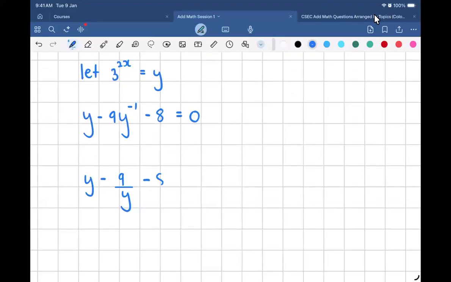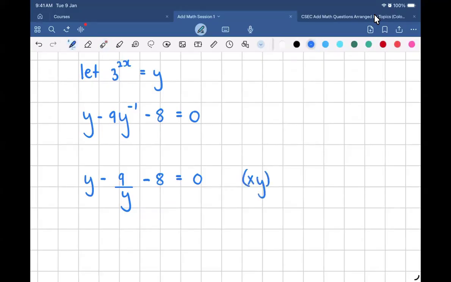So I'll write back the -8 and put it equal to 0. Now, Serena, do we like working with fractions? No. So if I have divided by y, what can I multiply by to cancel off that y? Y. That's not rocket science, right? Anytime you want to get rid of something in the denominator, you just multiply by that same term. So I'm going to multiply by y throughout.